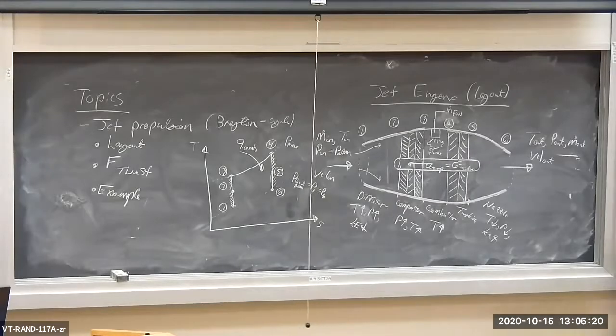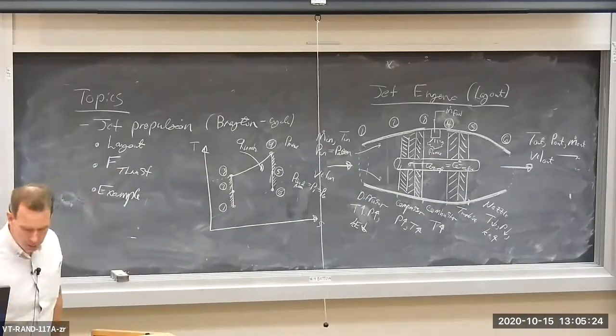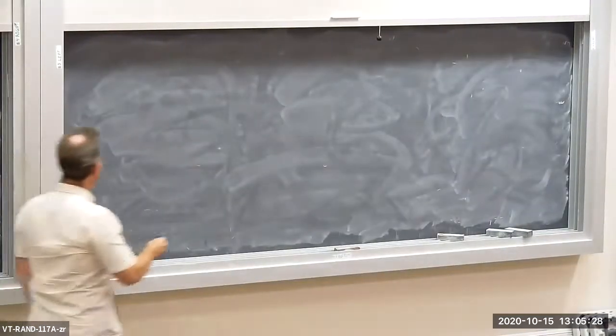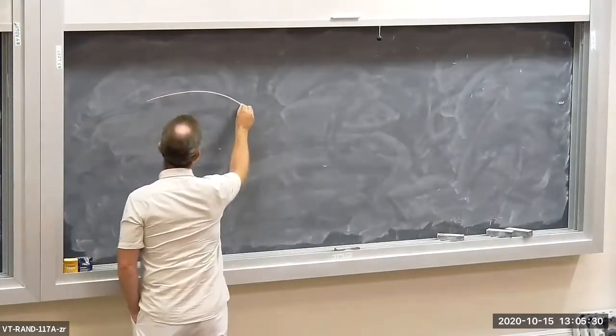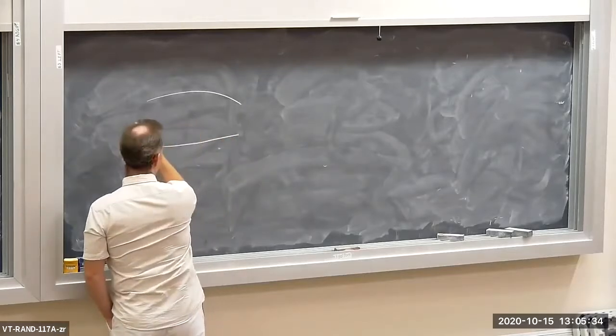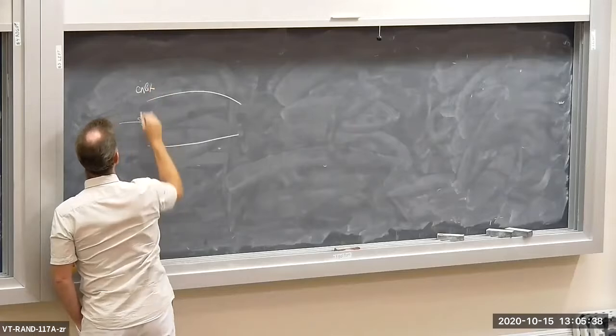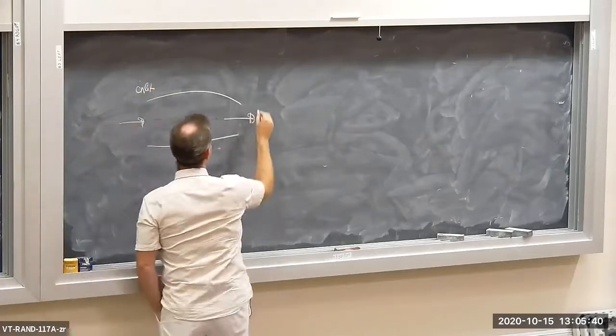Now let's take a moment to calculate what the thrust is. How would we go about calculating the thrust produced by this jet engine? Here we have the nacelle. Air comes in, so this is the inlet, and this is the outlet.